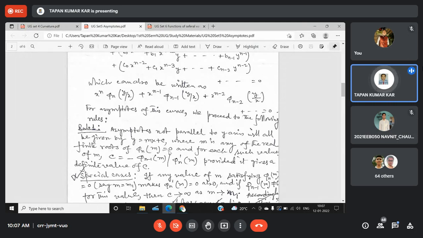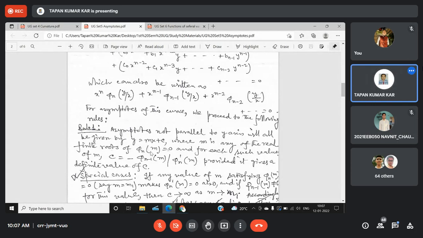Phi n is what? Phi n y by x. Phi n is a naught plus a1 y by x plus a2 y by x whole square plus dot dot dot plus a n y by x whole to the power n. That function phi n m, how will you obtain phi n m? I will discuss later.